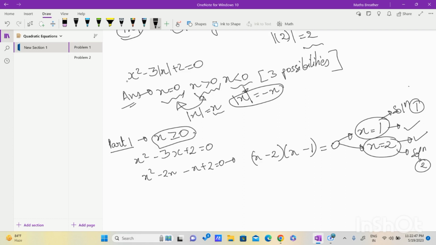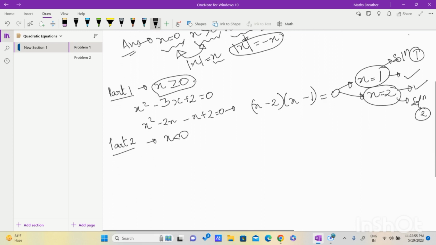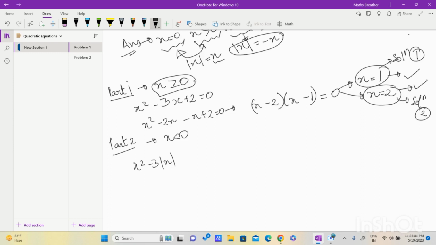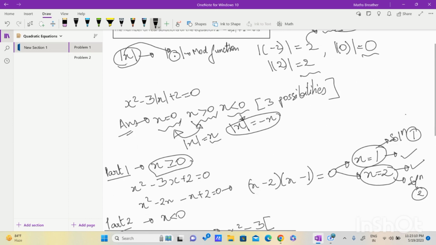Now let's see, when x is less than 0, do we find a solution? If yes, what will be the solution? So x square minus 3 mod x plus 2 equals 0 becomes x square minus 3, and mod x will become minus x, as we have discussed when x is less than 0.